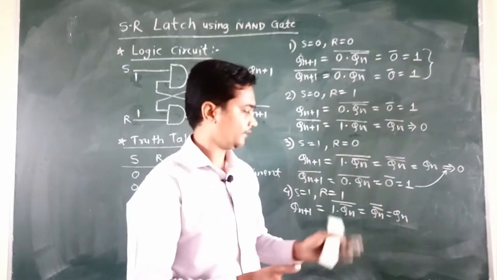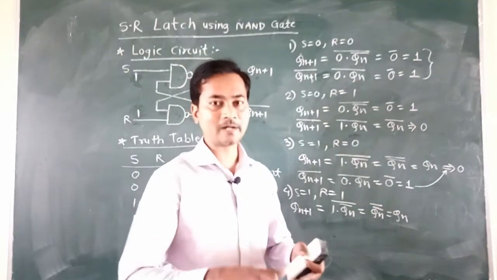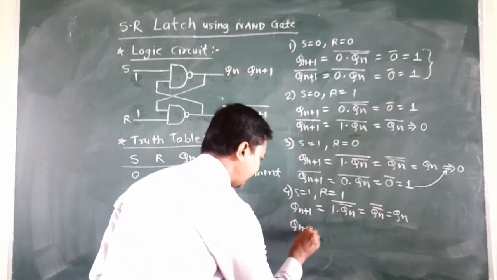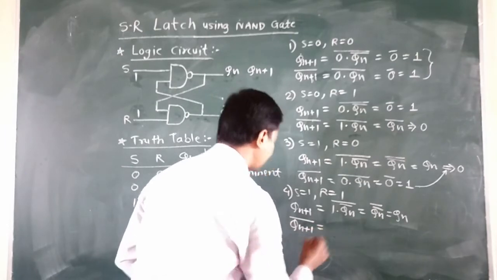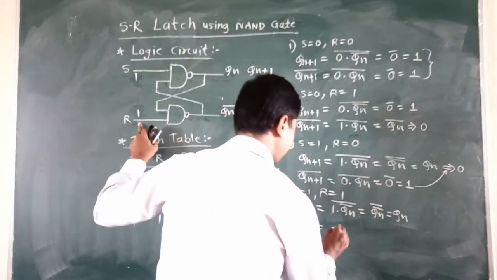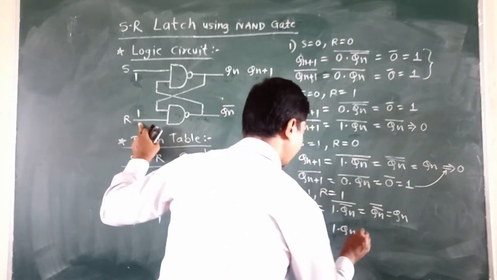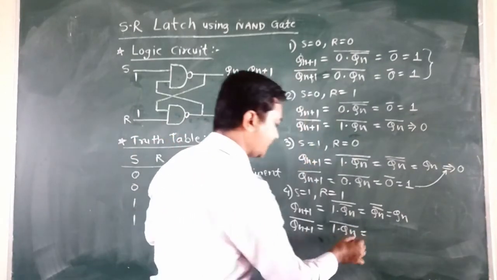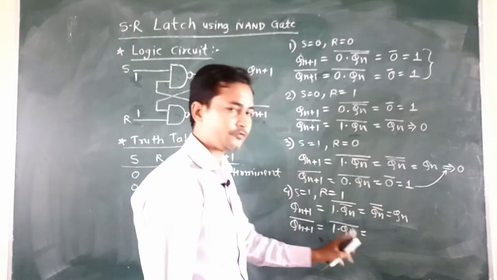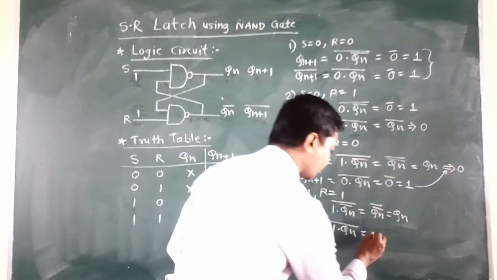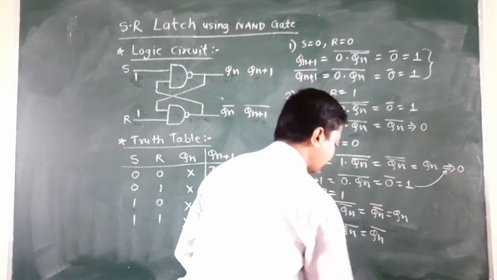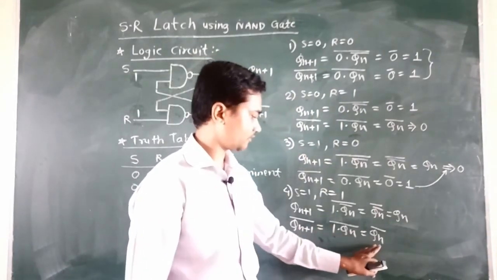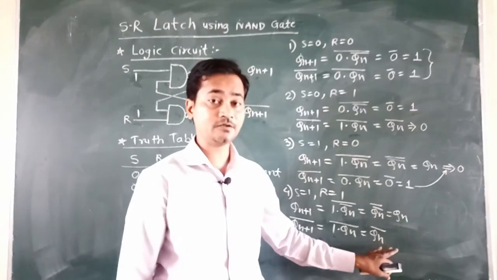So in this case we will go for Qn plus 1 whole bar to obtain the fixed value. Qn plus 1 whole bar is equal to 1 dot Qn whole bar. 1 dot A is A, so we get Qn whole bar. So in Qn plus 1 bar also, the exact or fixed value is not obtained.